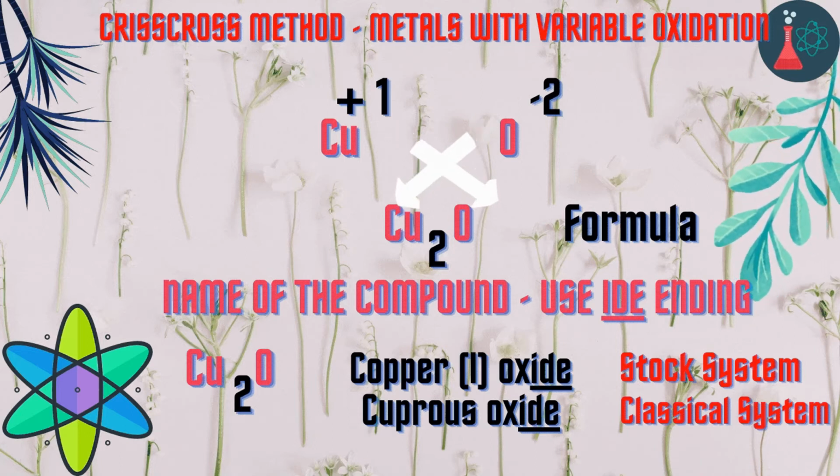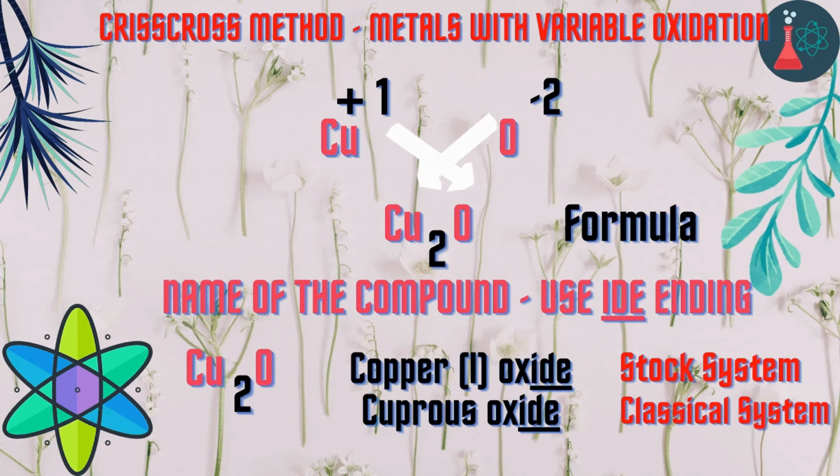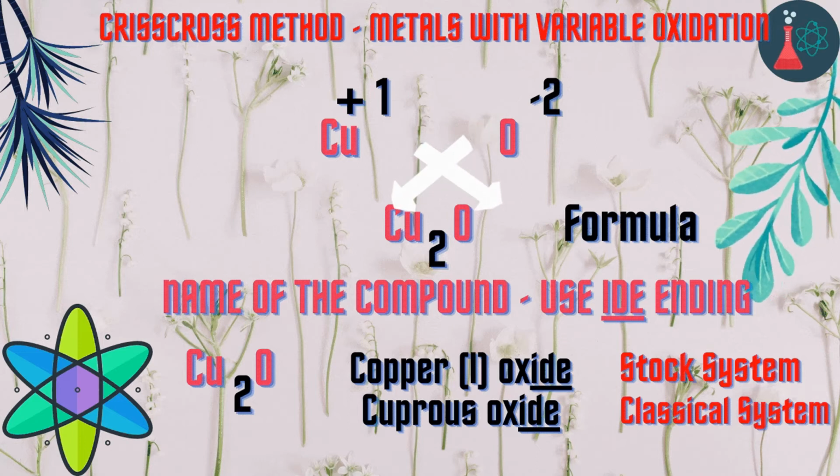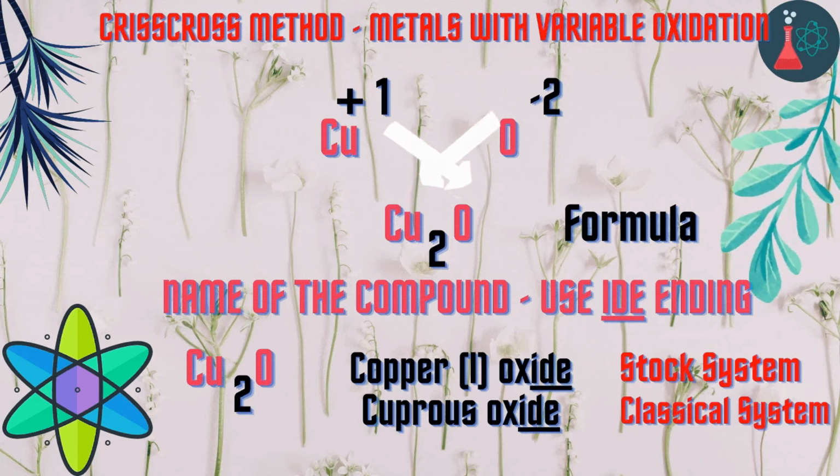In using the stock system, you're going to use the English name and then the Roman numeral to identify the oxidation number. So using the stock system, the correct name of Cu2O is copper(I) oxide.